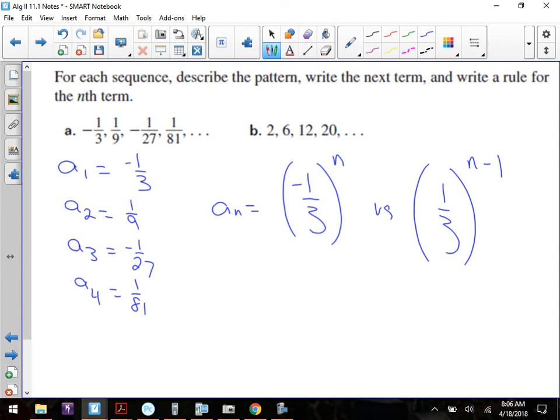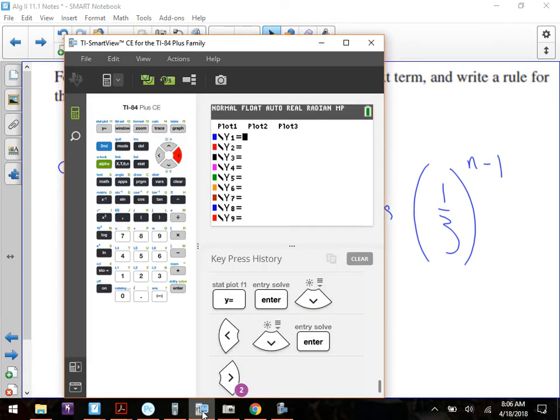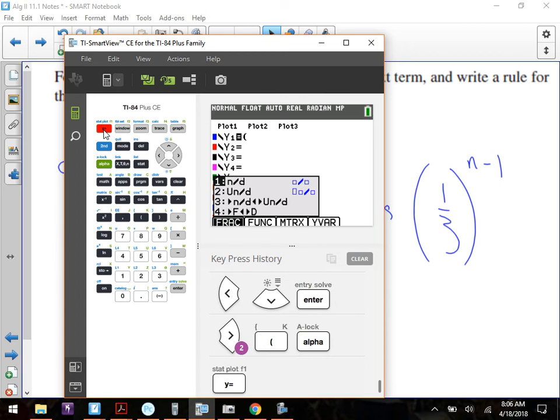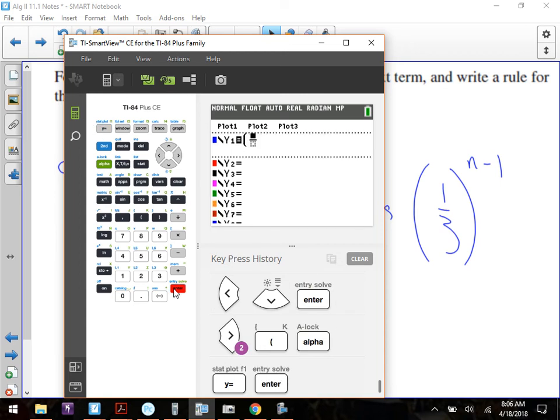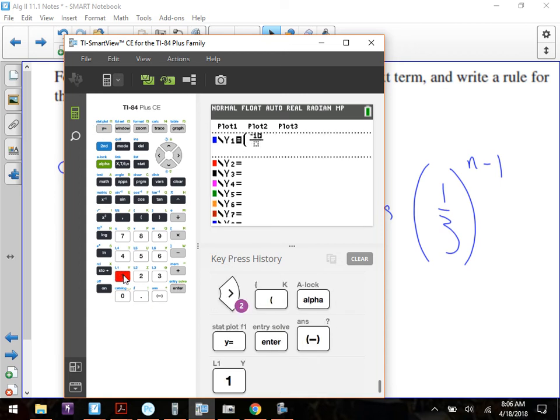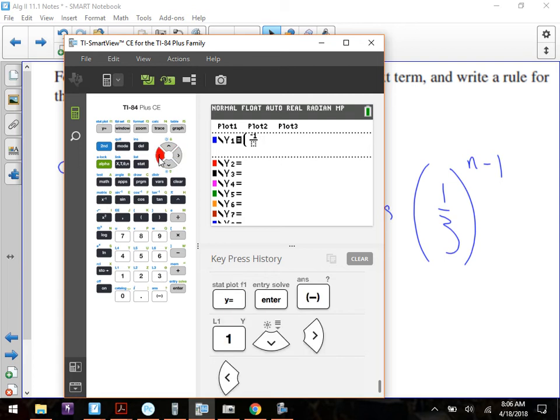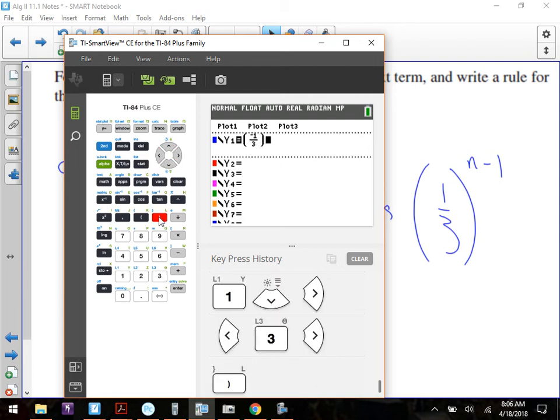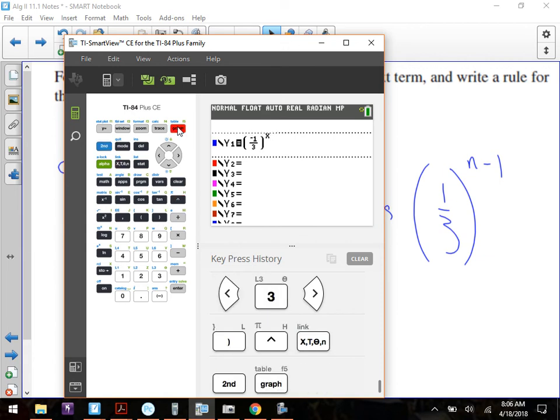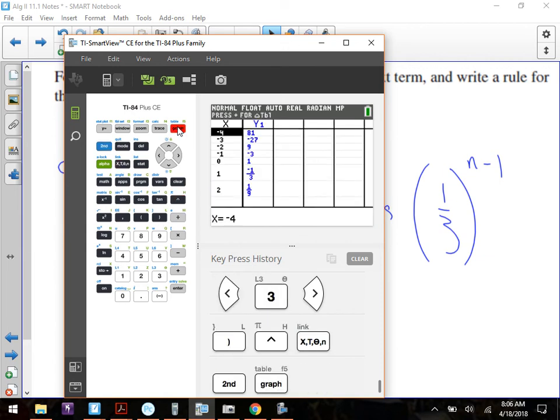Okay? Now, if you put that in the calculator, you'll see if you use the fraction bar, parentheses, alpha y equals, you guys remember how to make fraction bars, right? So negative 1/3, so I put it over 3 to the x, and then go to your table, and then you can verify to see if you were close.